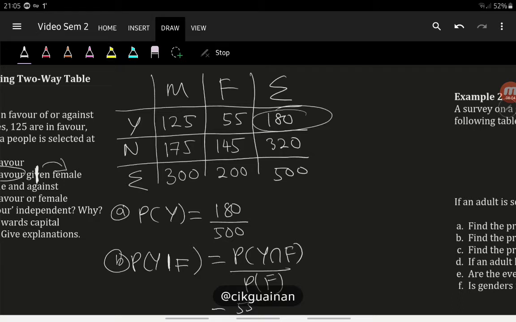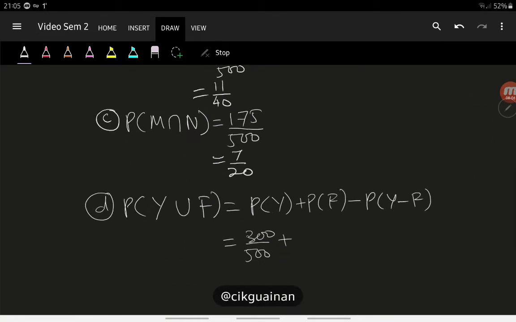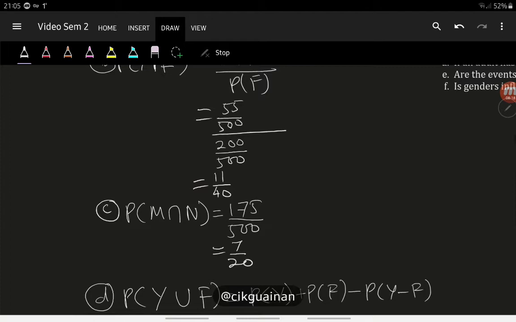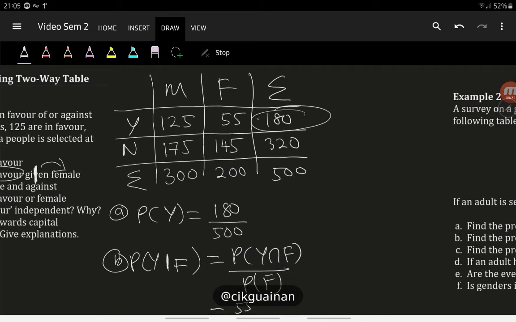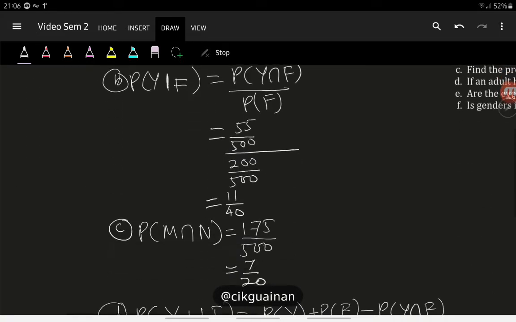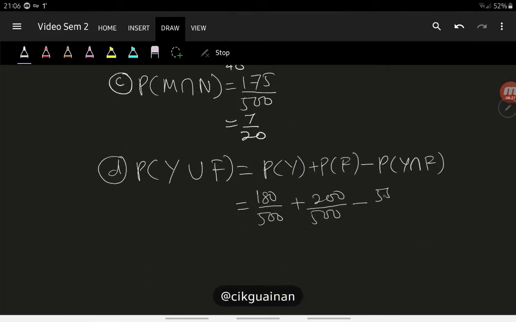Yes is 180. Okay, 180. Female is 200. And then minus the intersect of yes and female. Yes and female is 55. Okay, so 55 over 500.